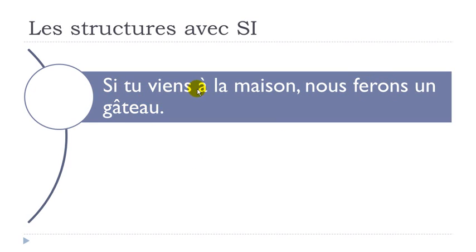Okay, si tu viens à la maison, nous ferons un gâteau. All right, so that's the first construction that we could have, and in that case it's si tu viens à la maison, so it's a possibility, nous ferons un gâteau.